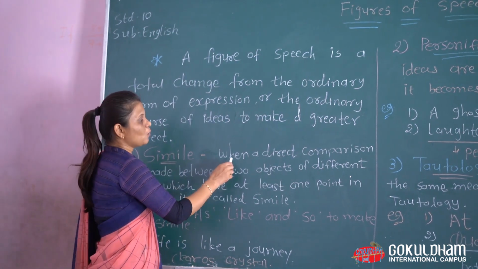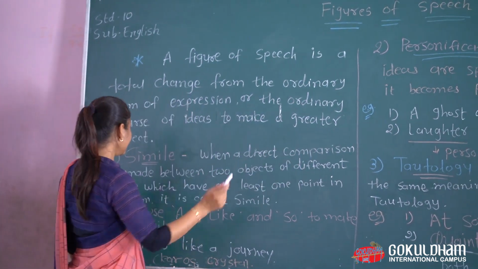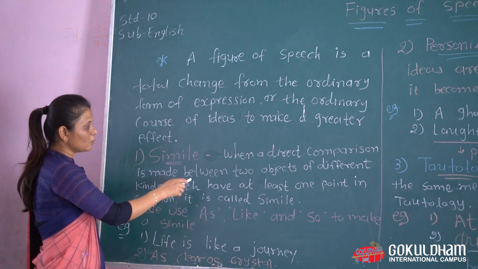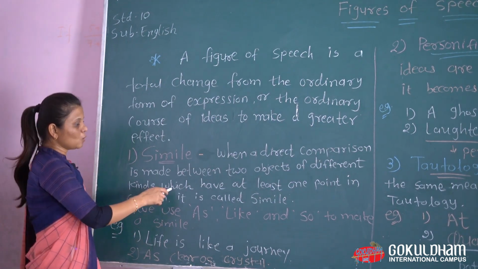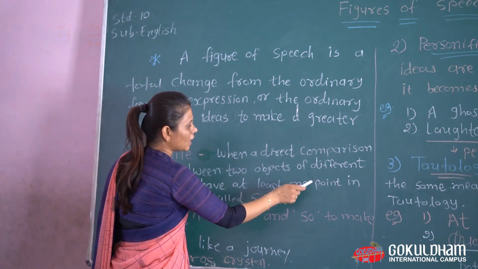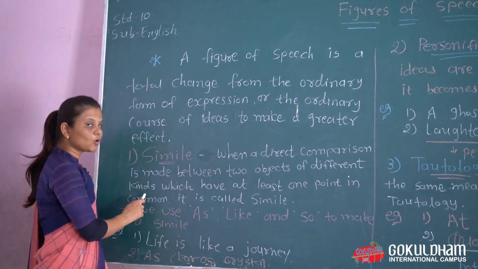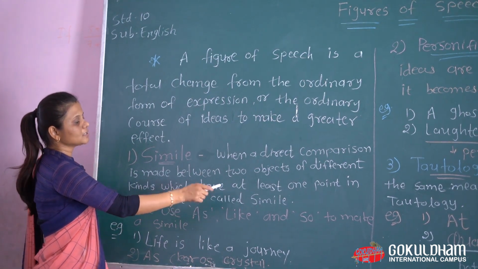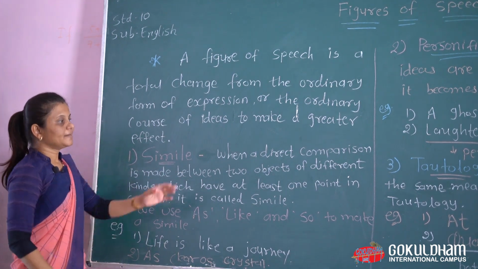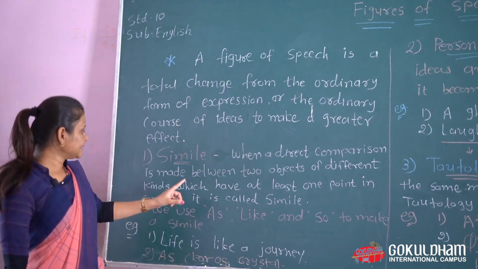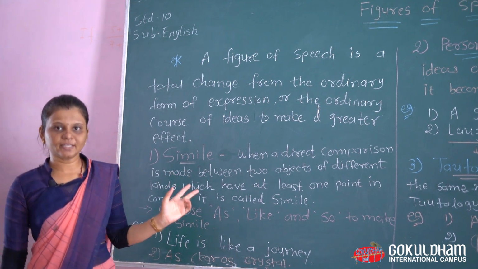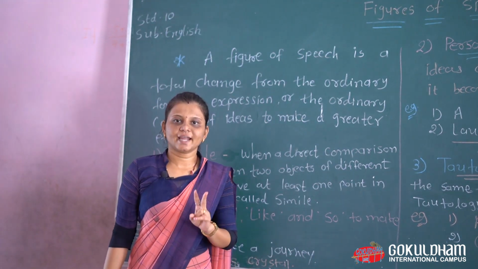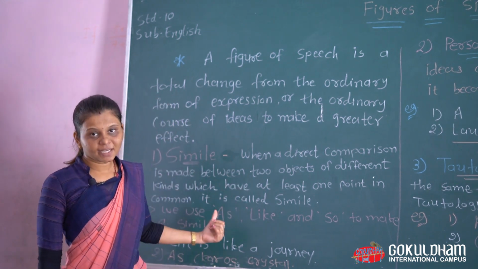Look at this. When a direct comparison is made between 2 objects of different kinds which have at least one point in common, it is called simile. Direct comparison between 2 objects, at that time we use simile.